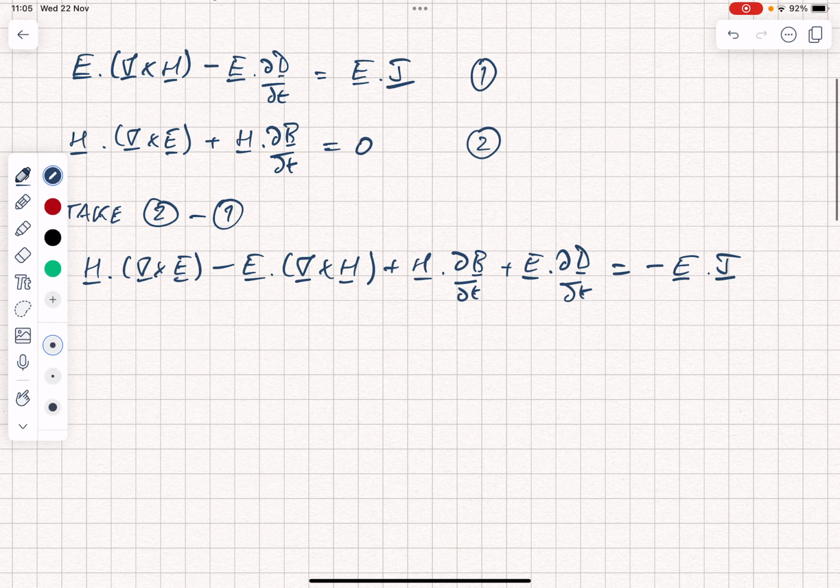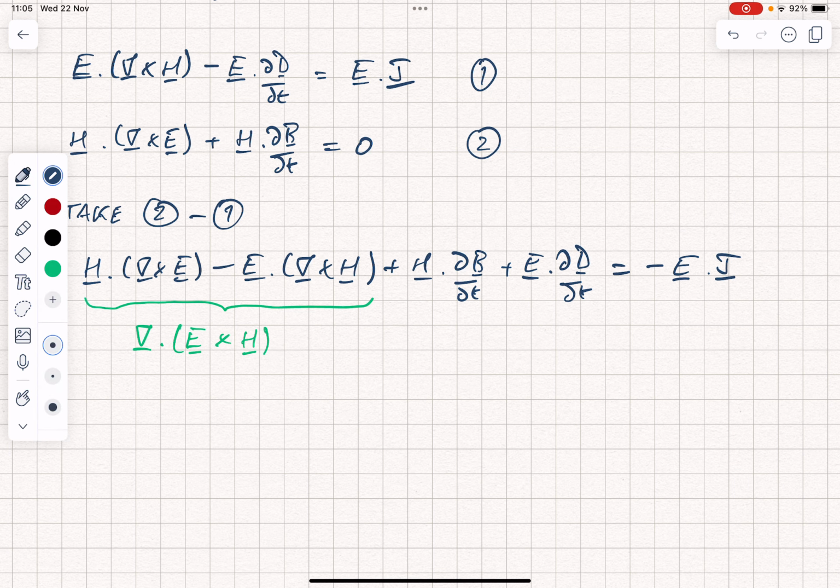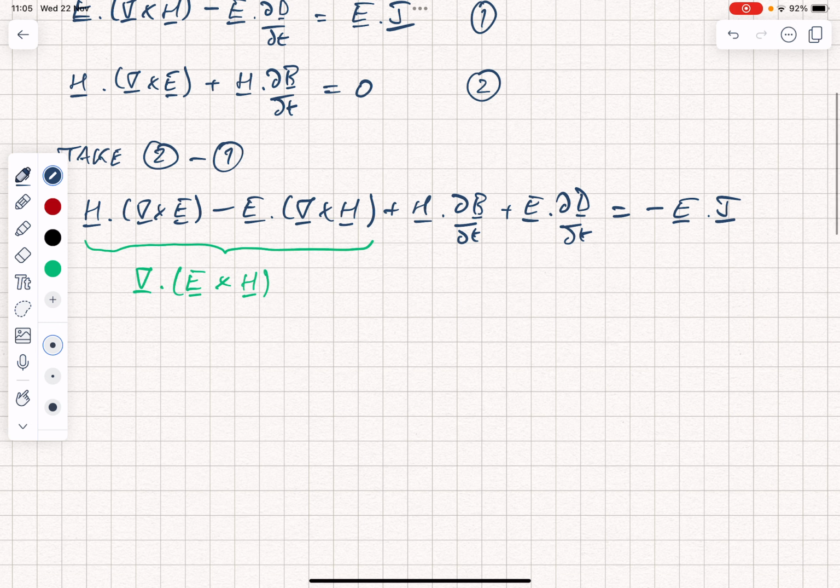There is a standard theorem of vector differential calculus that says that those first two terms, H dot curl E minus E dot curl H, is equivalent to the divergence of E crossed with H. And so we can substitute that, at which point we find the following.